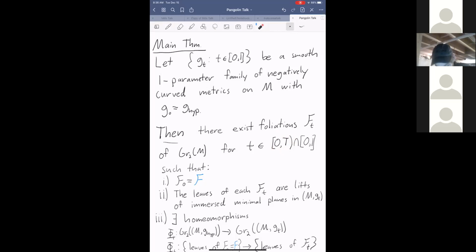The foliations that we're constructing start off at the model foliation, blue F, that I talked about at the start of the talk.